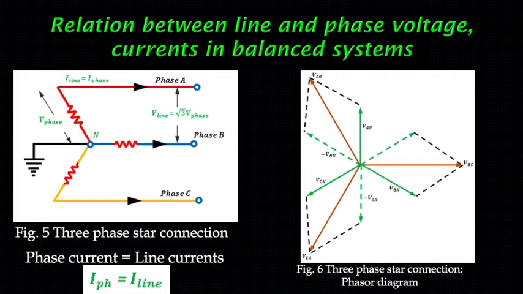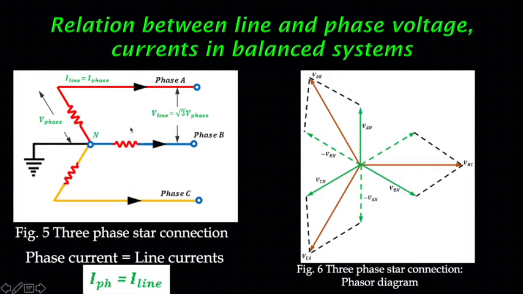The voltages across line terminals A and B, B and C, C and A are called line voltages. The magnitude and phase angle of current is determined by circuit parameters. IA, IB, IC are the line or phase currents.